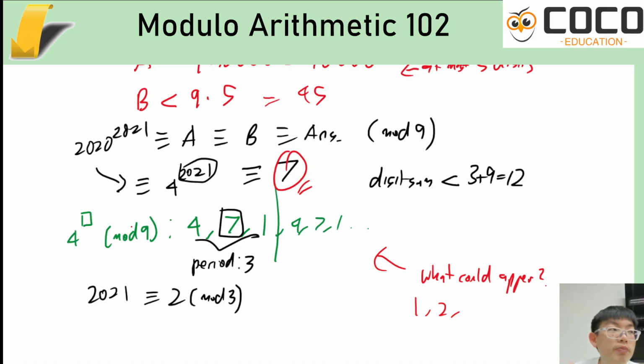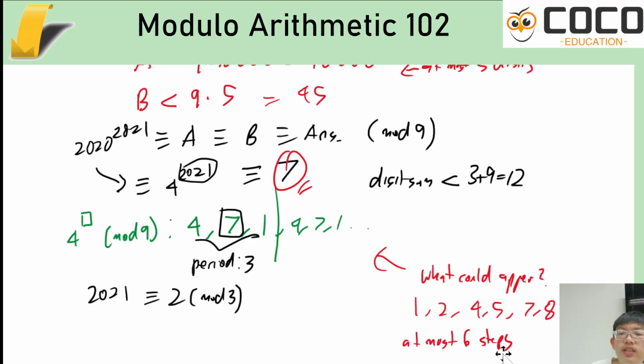That would have been a multiple of 3. But in the worst case scenario, I only really had these 6 things that can appear. And so it really would take at most 6 steps. If it takes at most 6 steps, I'm willing to take the risk because it's a very small risk.